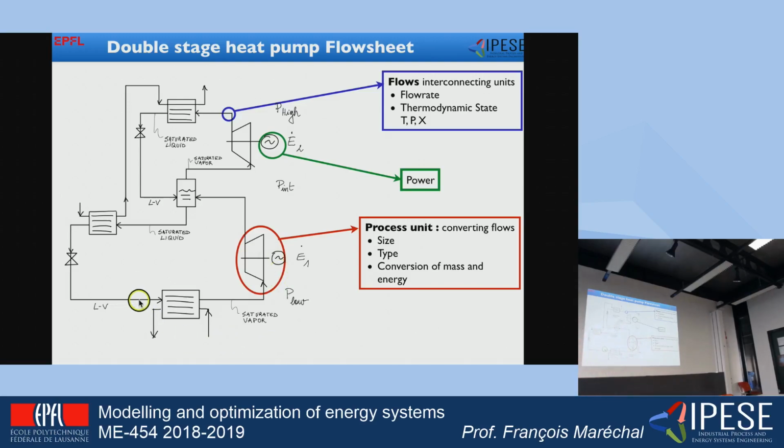I have streams entering with a given flow, temperature, pressure and composition here and here, and I would like to know, by doing a thermodynamic operation here that is a heat transfer, what will be the conditions observed here and here. So this would be the goal of a model. This is for a heat pump, okay?